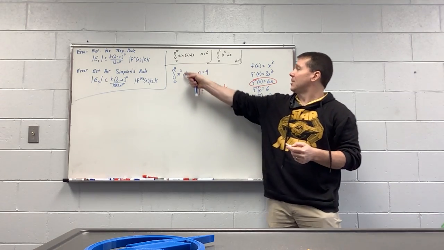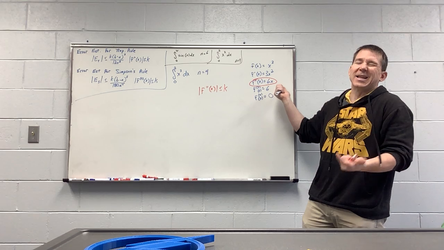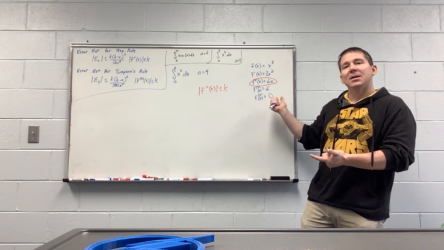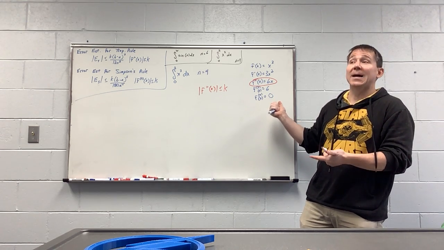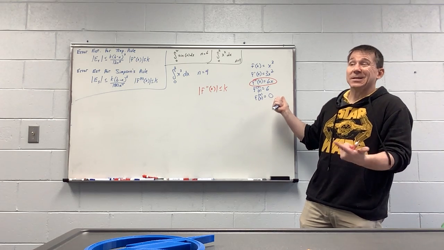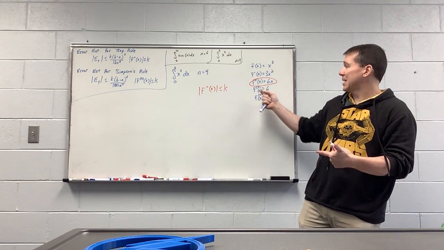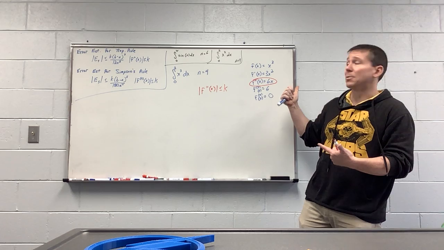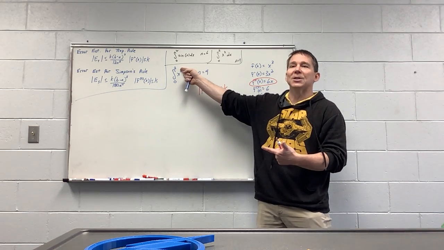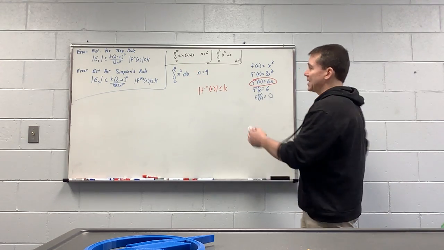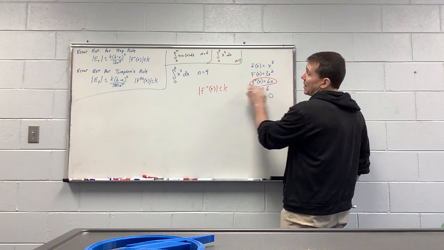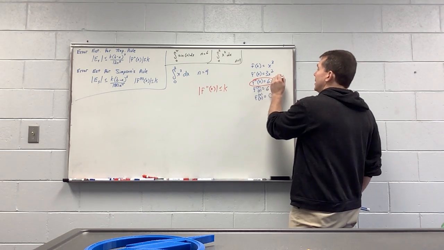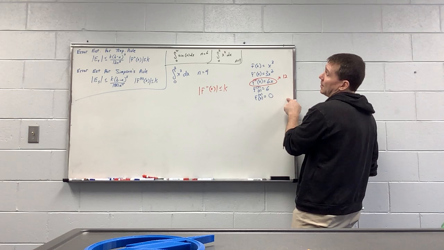On this interval, 6x is just a line and it's increasing, so I have to find its maximum value. Its maximum value will occur at the right-hand endpoint, which in this case is 2. So the maximum value of this second derivative on this interval is going to be equal to 12.